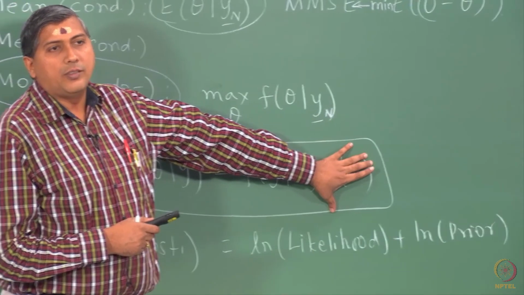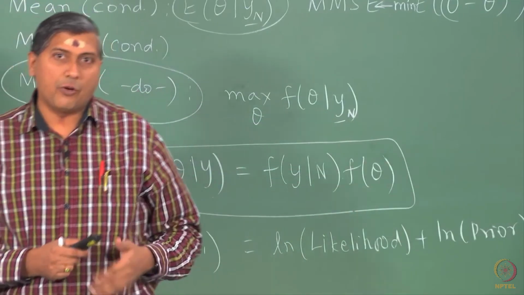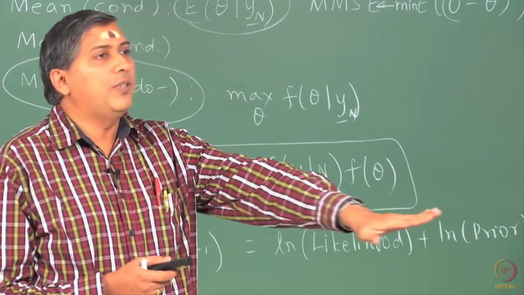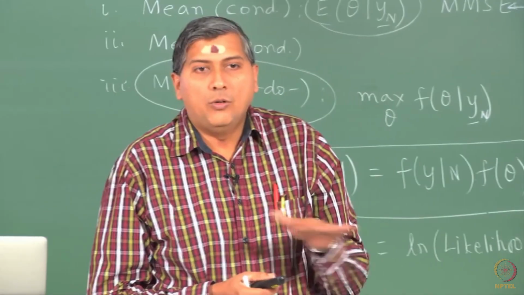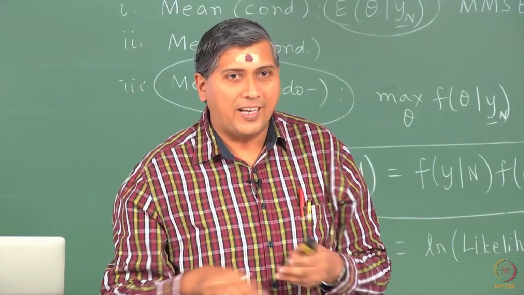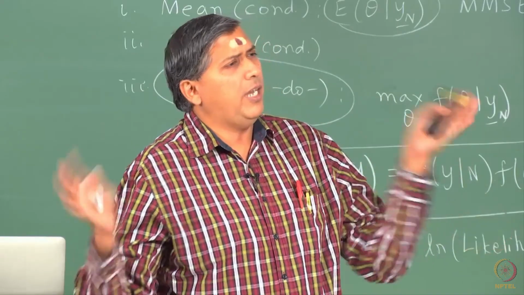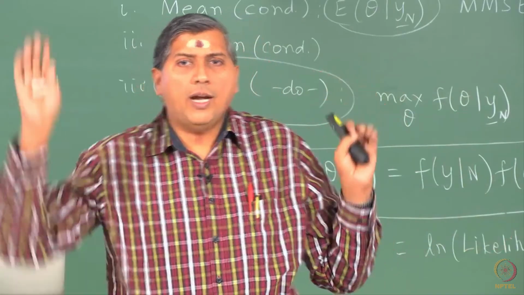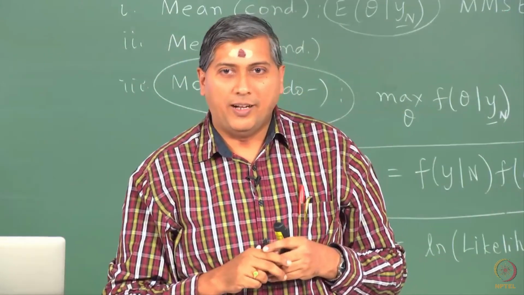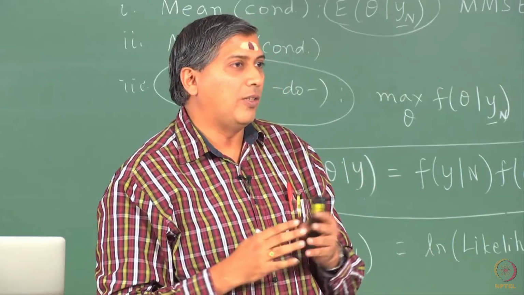When is the PDF constant? For what kind of distributions is the PDF constant? Uniform, which means I am saying any value of theta is likely. I have no specific knowledge of which are the more likely values and less likely values. I do not know. The average temperature could be anything between 0 Kelvin and maybe 6000 Kelvin or whatever is the temperature of the sun, that is possible for this average room temperature.